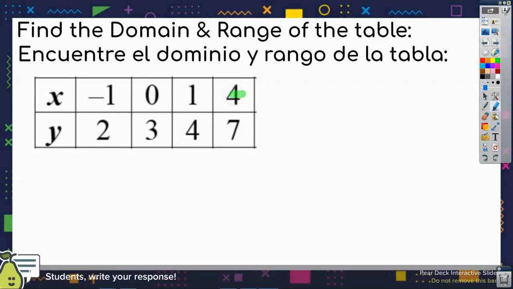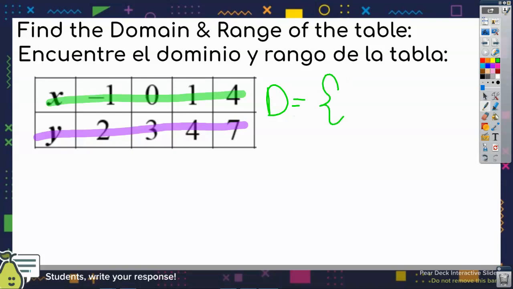Let's do this. I know the table's in a different format, but it's still the same idea. X's are my domain, Y's are my range. Domain, D, equals fancy squiggle, -1, 0, 1, 4.